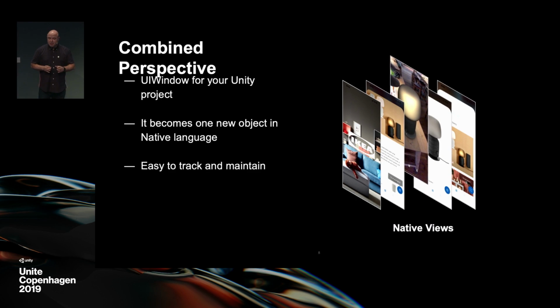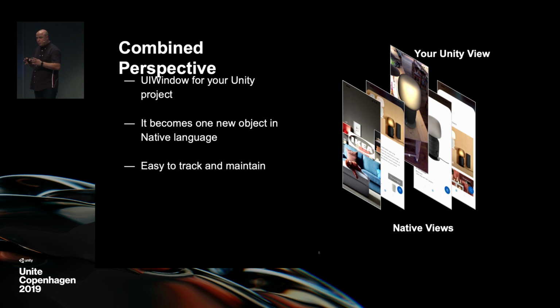The combined perspective of your Unity project plus your native project will be seamless even for the developer, because the compiled Unity project becomes one view. In this case, we can see here screenshots from IKEAPlace 4.0. IKEAPlace 4.0 is the first IKEA mobile application that uses Unity as a library.